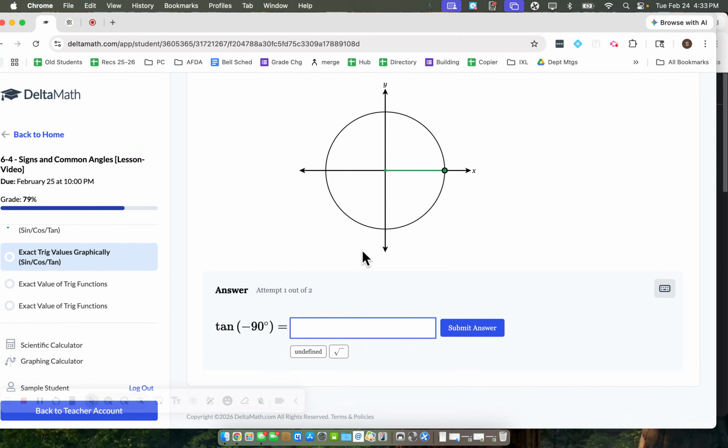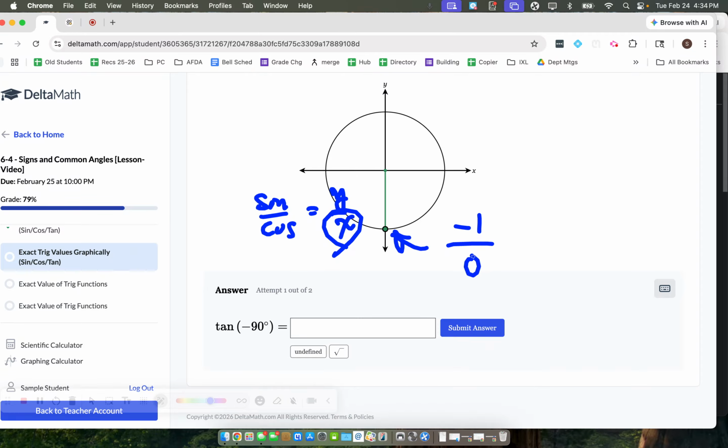Tan of -90. Okay, well, let's go the opposite direction here. And now let's do the definition of tan is sine over cosine, which is really y over x. Well, what's the y of this point? Y here is -1, but the x over here is 0, isn't it?